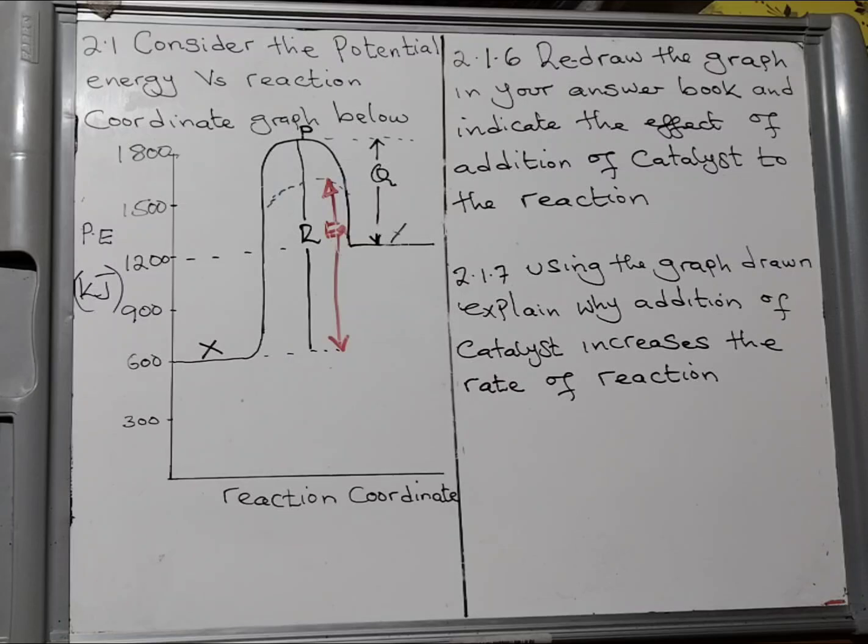But how does that lead to the increase in the rate of reaction? When the activation energy is lowered, the number of molecules with enough energy to react increases. And when that number increases, the rate of reaction increases.